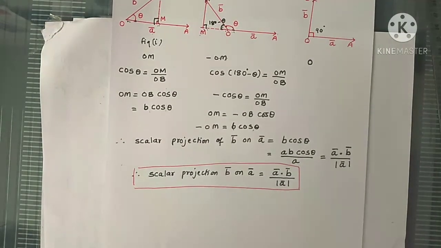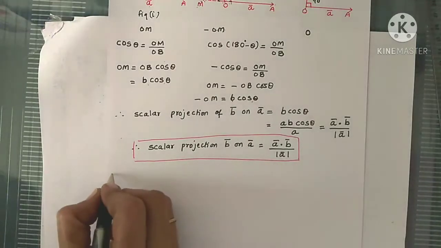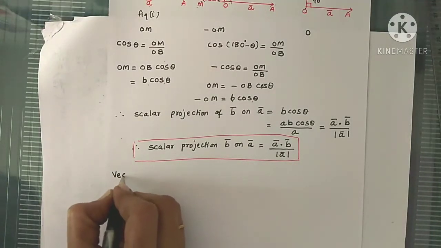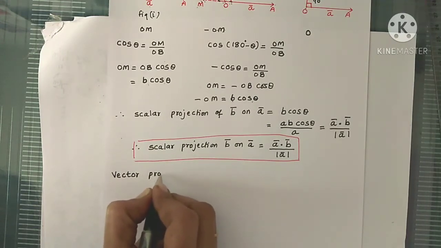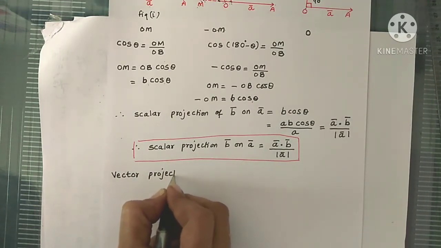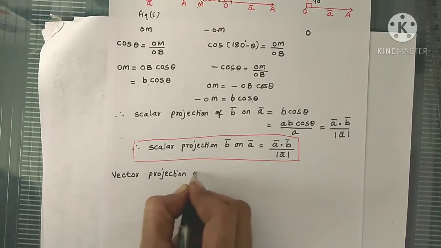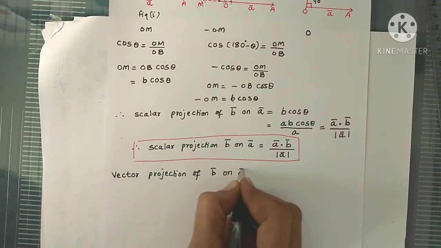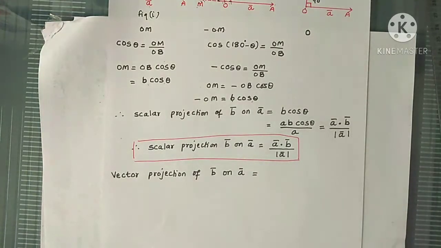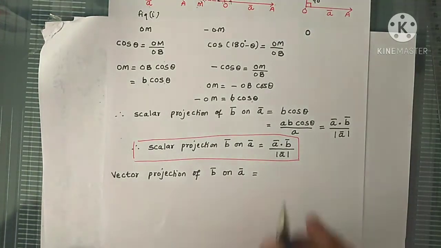Now let's define vector projection. Vector projection of B bar on A bar is, first of all, we write this scalar projection.